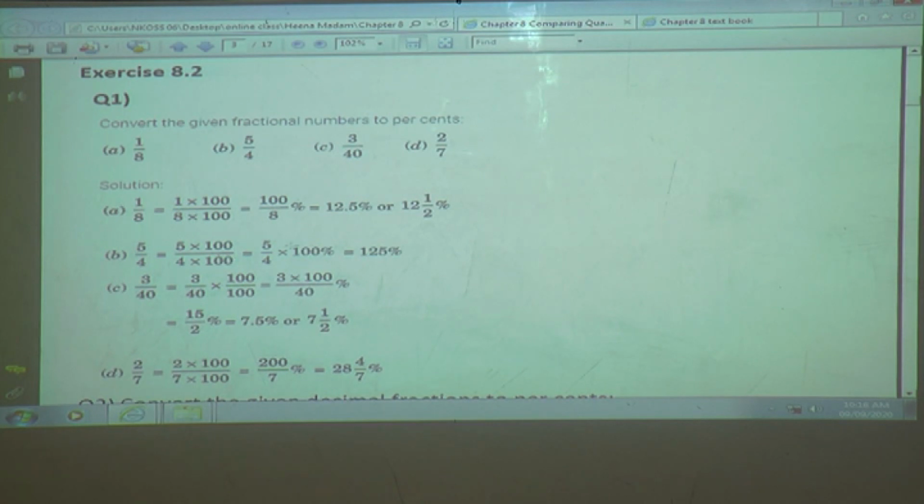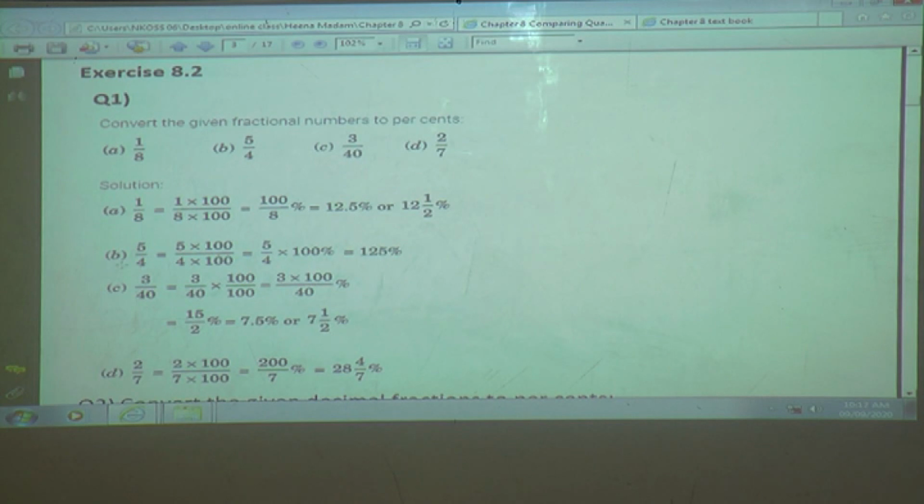Here 5 upon 4 multiplied by 100%, which means 100 upon 100. So we can reduce here and find the multiplication. 4 ones are 4, 25s are 100, 25 fives are 125%.